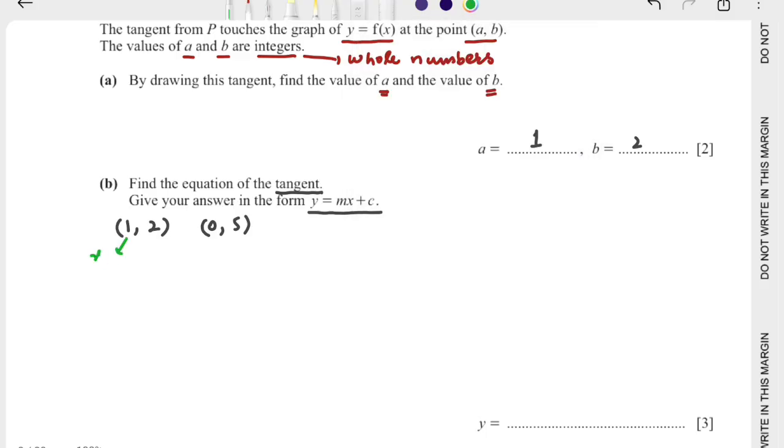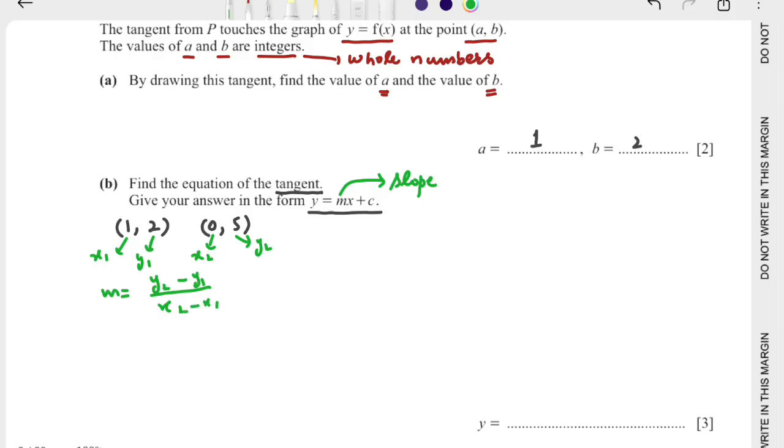This is x1, y1, x2 and y2. Now first of all we'll find out the leading coefficient of x, that is the gradient, and that is also called slope. So the formula would be y2 minus y1 over x2 minus x1.